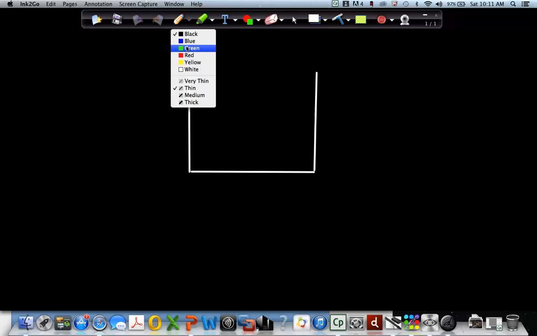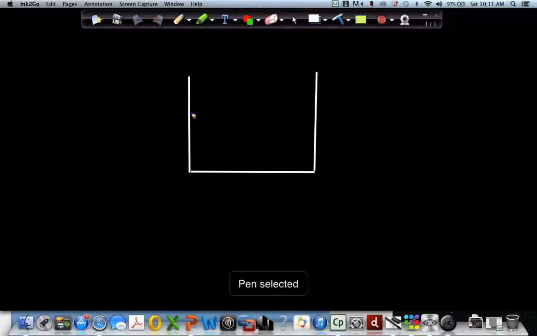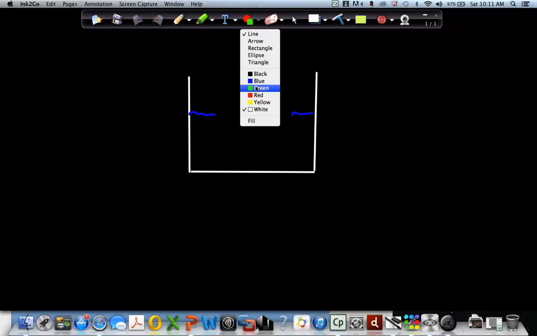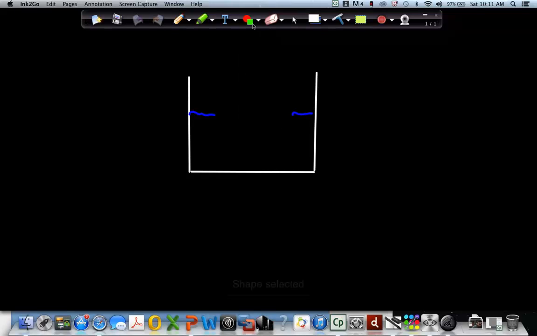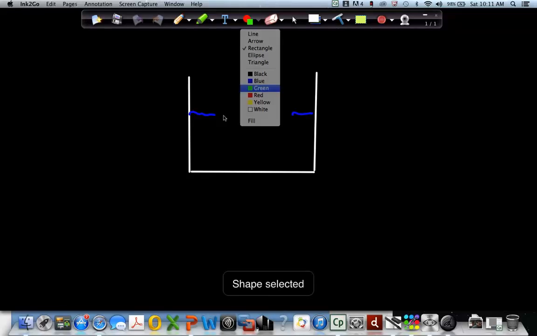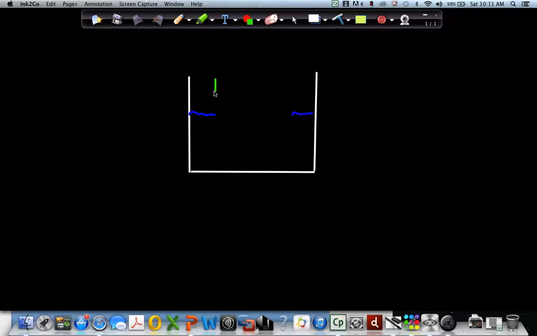Okay, so let me draw some container, and this container has got liquid.